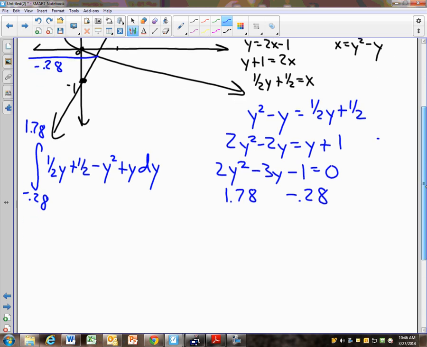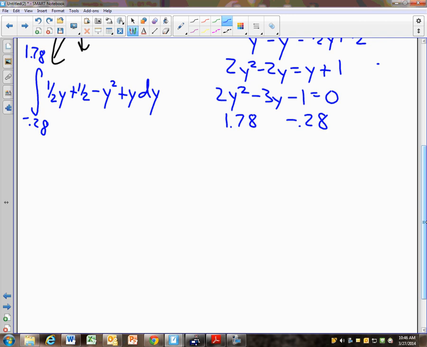So here we go. We've got a negative y squared. 1/2 y and positive 1y makes 3/2 y.